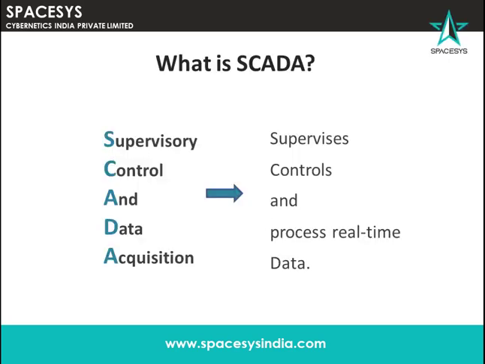What is SCADA? SCADA stands for Supervisory Control and Data Acquisition System, which means it is the system that supervises and controls the data of real-time process. Before that, we all know what automation is. To put it in simple words, automation helps a system or a process to run automatically.